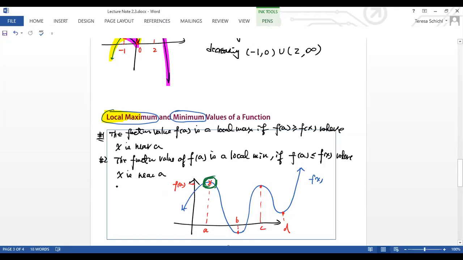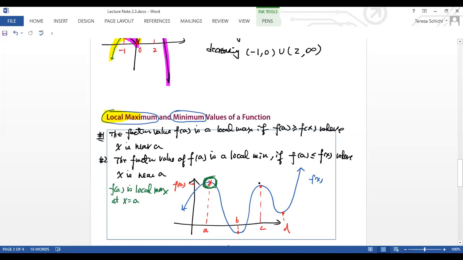That's why f of a is a local max. So when x equal to a is a local max, at this moment in a close range here, this is the highest point.